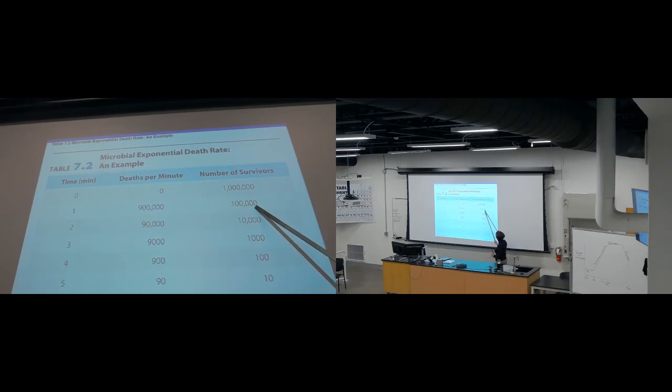If you sterilize this instrument for 1 more minute, from 100,000, you will reduce the population 90%, so that case will be leaving 10,000. And then the next minute, you reduce your population from 10,000 to 1,000. And then you keep on going. And by the end of minute 6, you have 1 microbe.